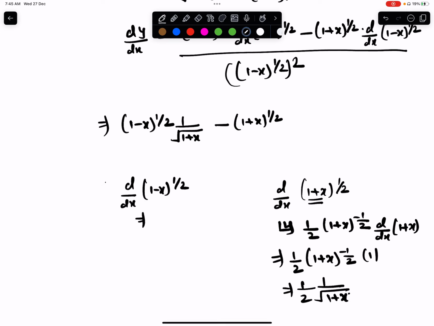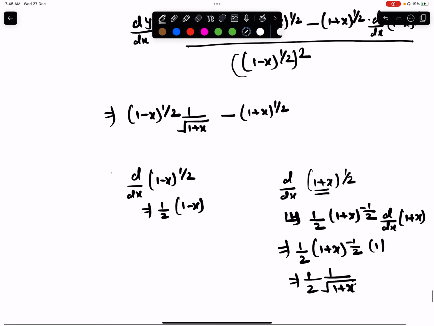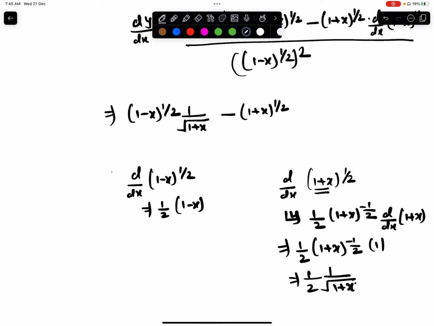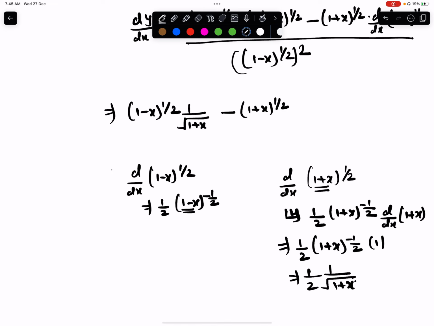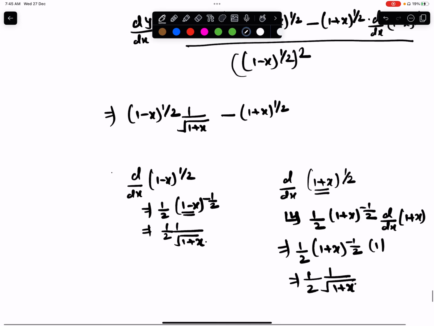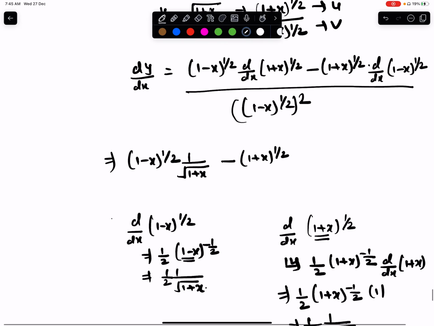That is equals to 1 by 2, (1 − x) raised to the power minus 1 by 2, times the differentiation of 1 − x, and if we differentiate this we get minus 1. So our differentiation is 1 by 2 by root (1 + x). Here we will multiply by 1 by 2 also.